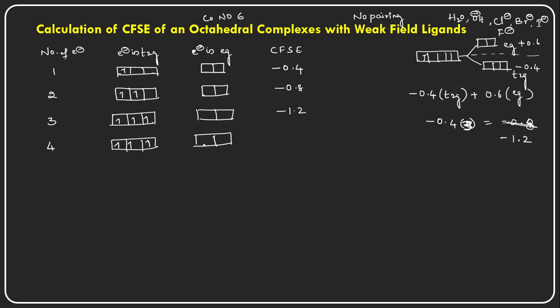In the presence of strong field ligands the pairing will take place, but these are weak field ligands, right? So there will not be any pairing. So 4 electrons are there, 3 electrons are present in the T2g orbital, and 1 electron is present in the Eg orbital.